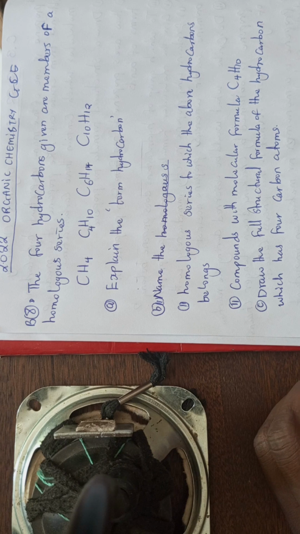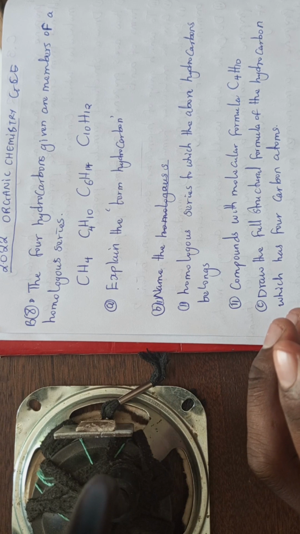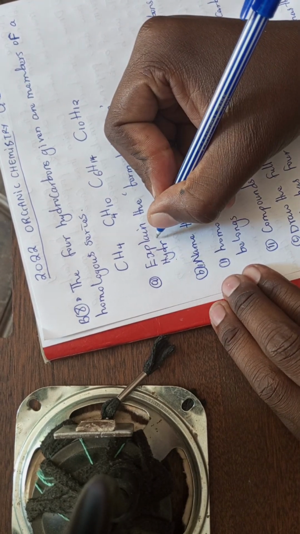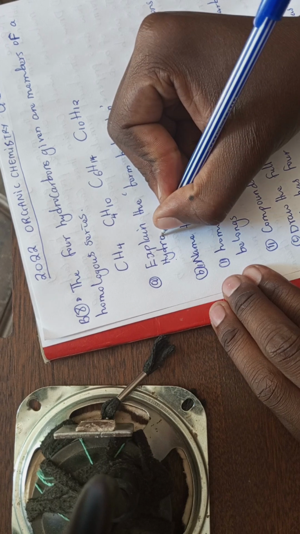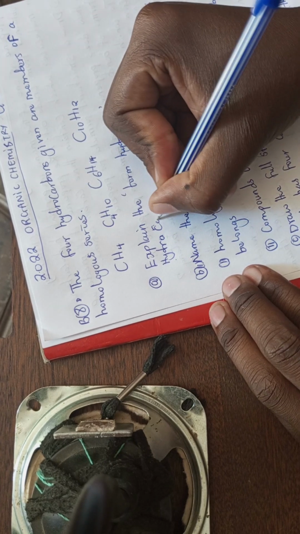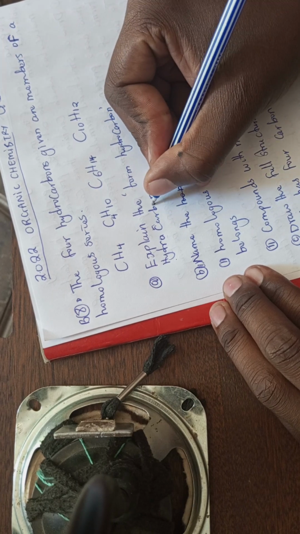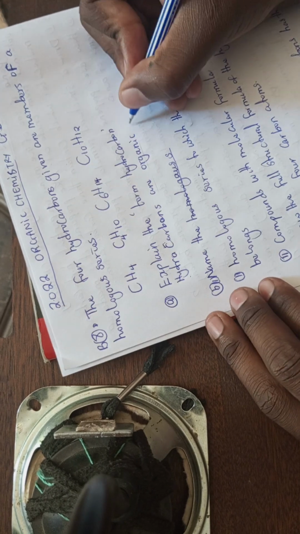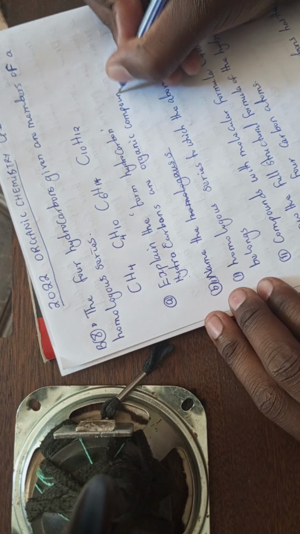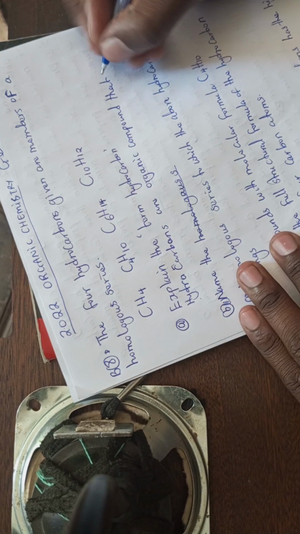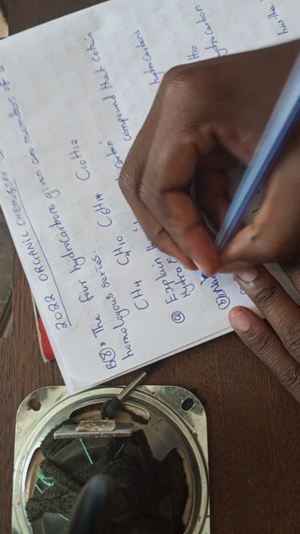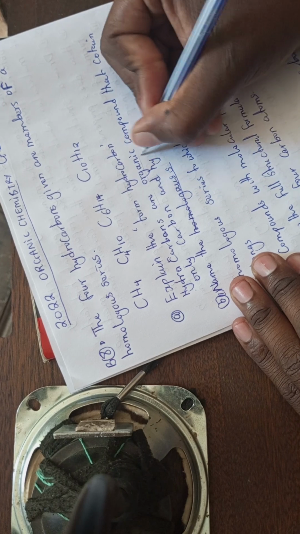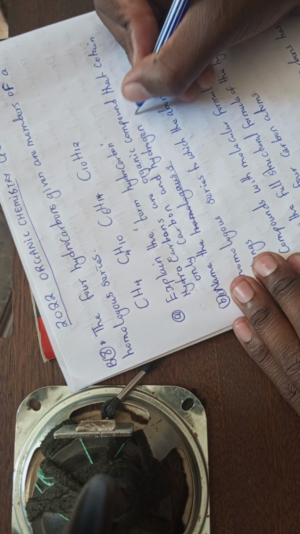What are hydrocarbons? According to the language of organic chemistry, hydrocarbons are organic compounds that contain only carbon and hydrogen atoms.